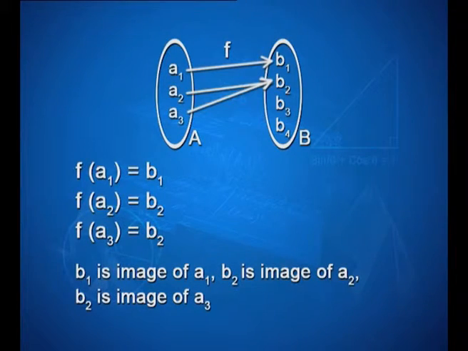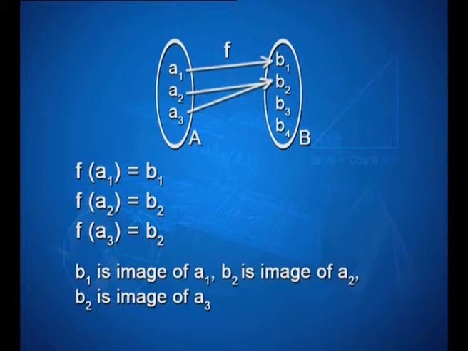Let us take an arrow diagram to explain function, its domain, codomain and range. Let A be the set of 3 elements a1, a2, a3, and B another set of 4 elements b1, b2, b3, b4. f is a mapping which relates elements of A to elements of B such that f(a1) = b1, f(a2) = b2 and f(a3) = b2, where b1 is called the image of a1, b2 is the image of a2 and b2 is also the image of a3.